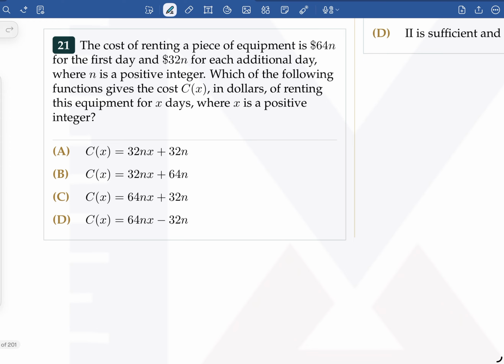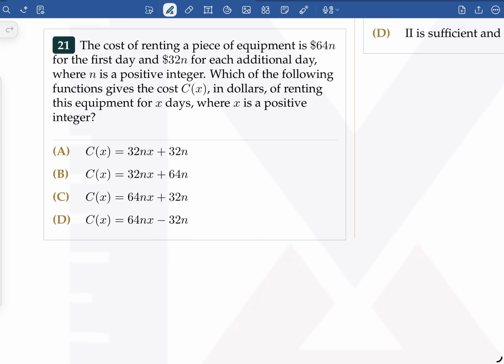Question number 21. The cost of renting a piece of equipment is $64 for the first day and $32 for each additional day, where n is a positive integer. Which of the following functions gives the cost C in dollars of renting the equipment for x days, where x is a positive integer?